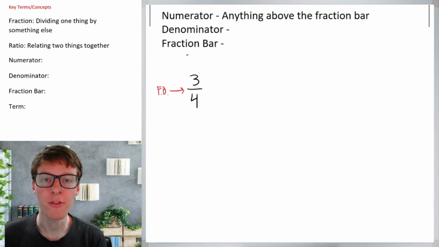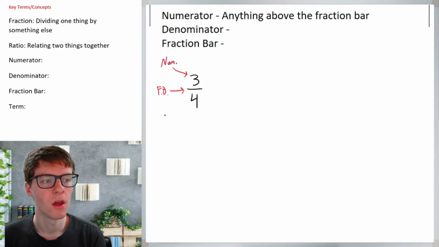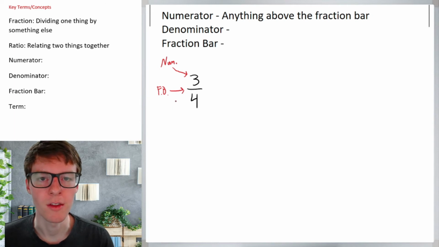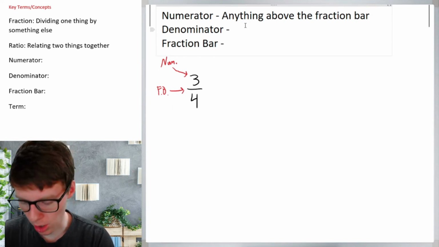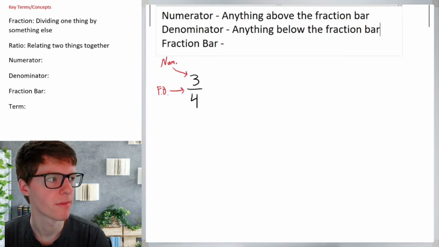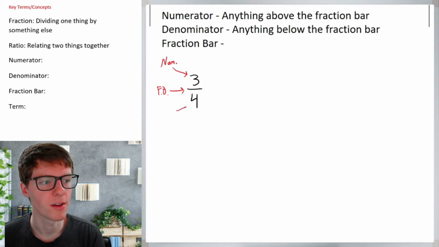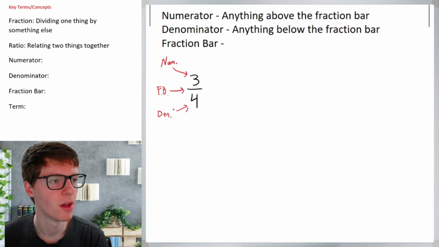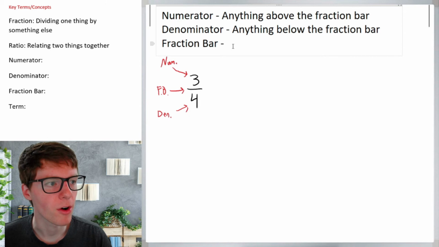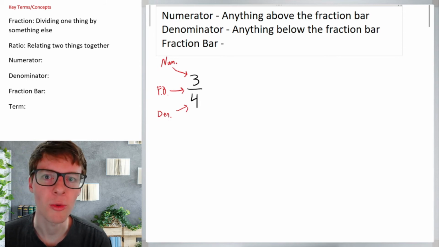So the thing above the fraction bar is going to be our numerator. Our denominator is going to be anything below the fraction bar. So in this problem, that's going to be 4, the denominator.